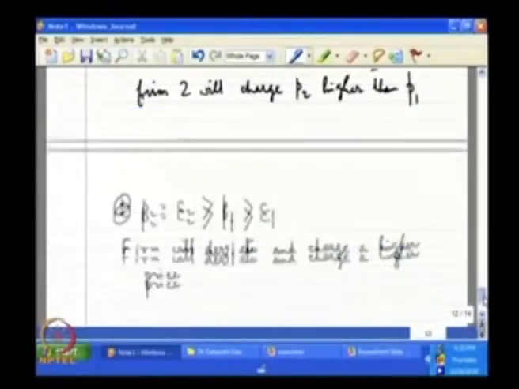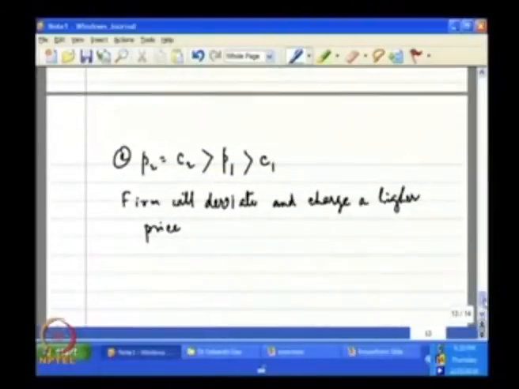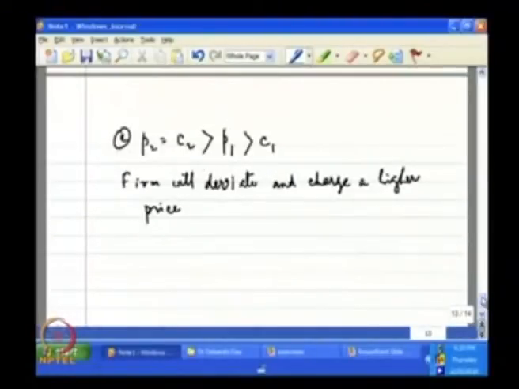So, basically what we have argued is that no other pair can be a Nash equilibrium. If the prices are such that both the prices are more than C2, then any firm will have a tendency to undercut its rival.